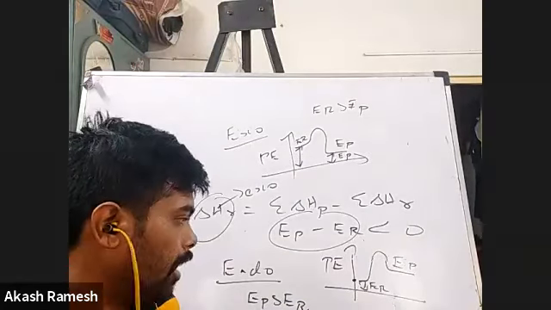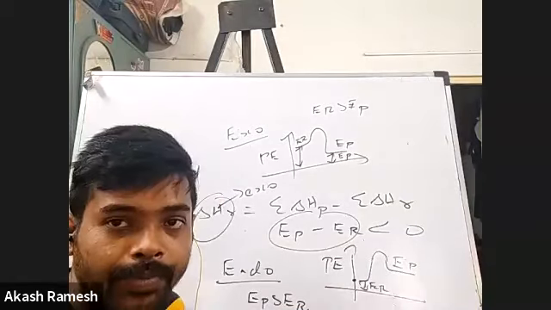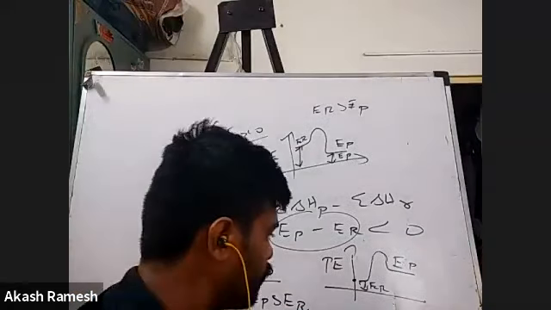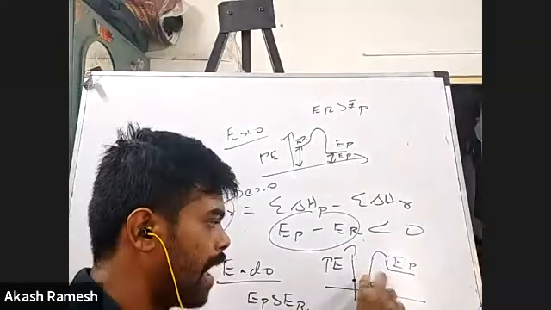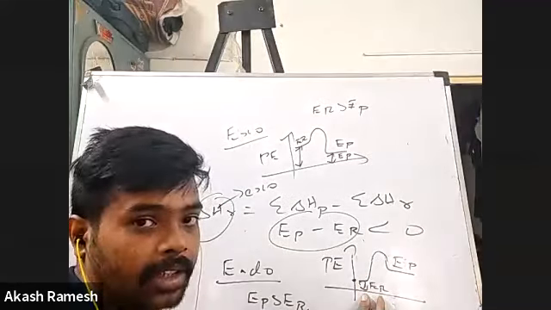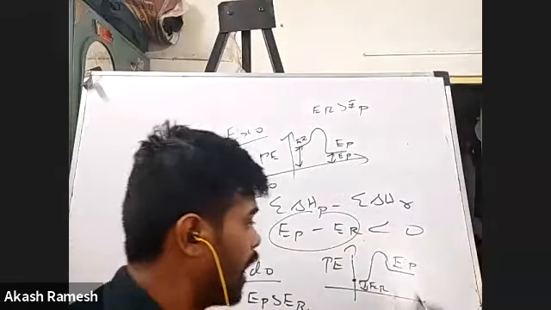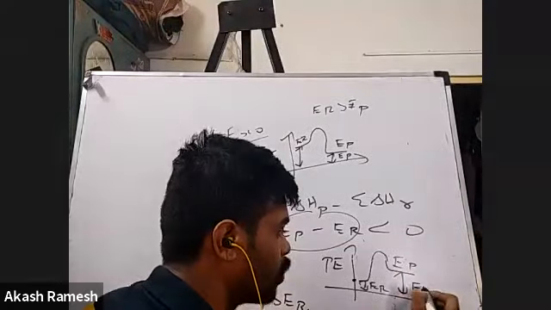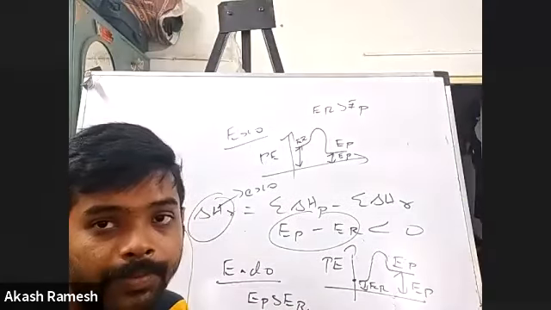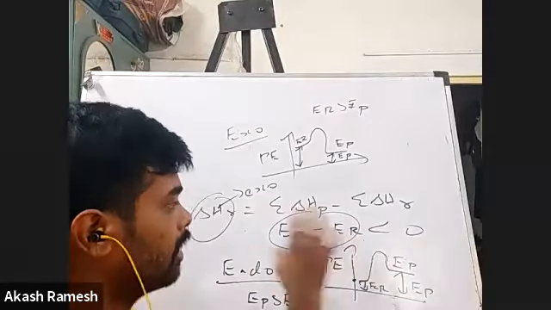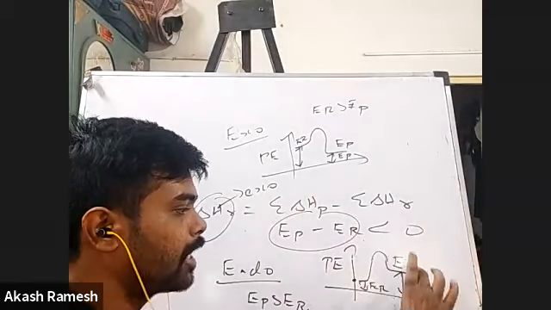Now the same thing we can do for this graph also. This value is my ER, the energy of the reactants, and this value is the energy of the products. Now, for this graph, the EP value is higher.